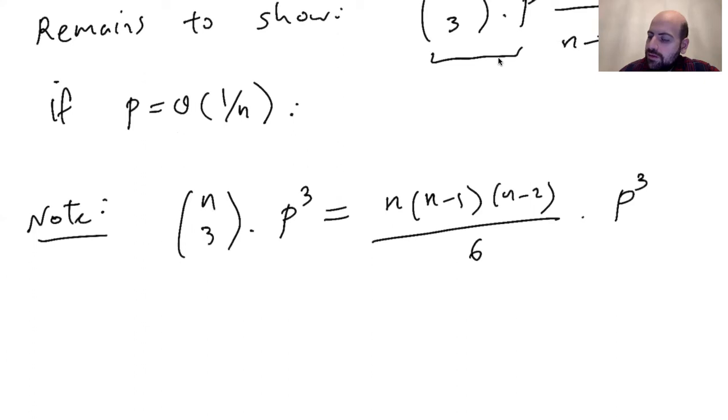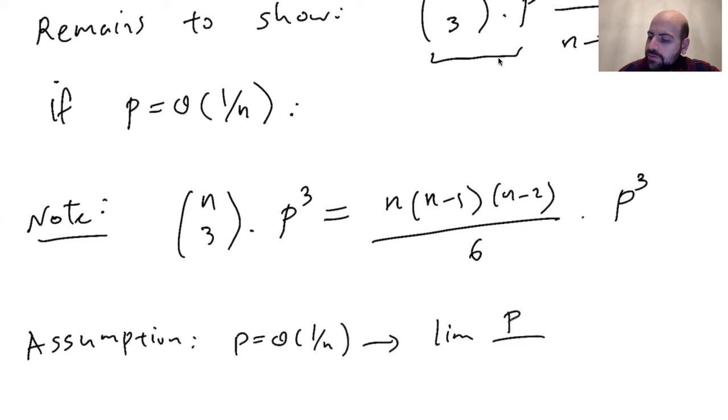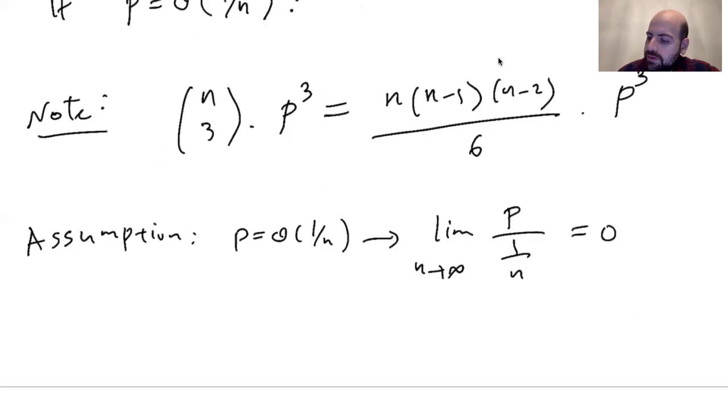Now, what is my assumption? The assumption is p is small o of 1 over n, which means that the limit of p over 1 over n as n goes to infinity is 0, i.e. the limit of pn as n goes to infinity is 0.